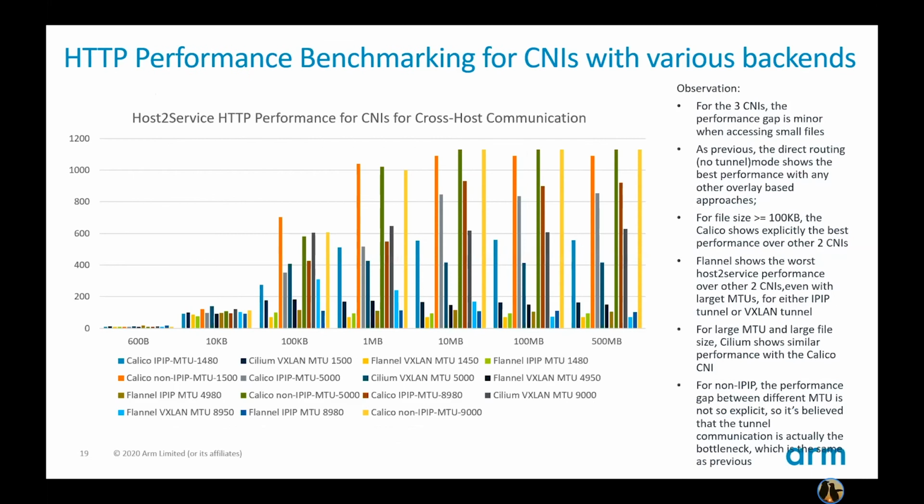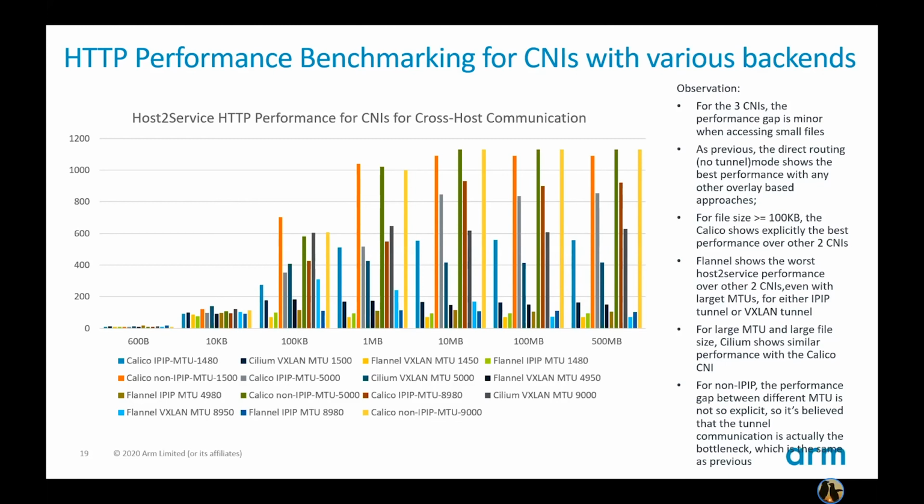And we would like to compare different CNIs. I will just give out the HTTP host-to-service cases for different CNIs. You can see from this graph that for the three CNIs, the performance gap is minor when accessing small files. As previously, direct routing mode shows the best performance compared with any other overlay-based solution approaches.